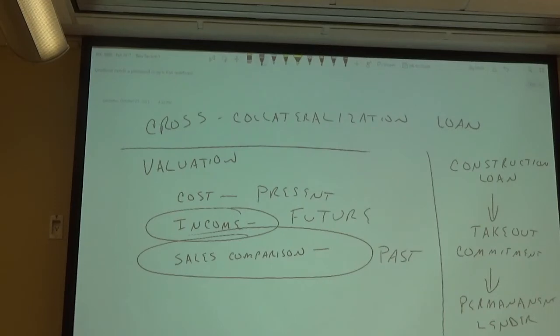If it's fairly straightforward, the lender's probably not going to have a problem with it. But if there's something really wacky and strange, that could pose a problem with the lender being comfortable with it in terms of providing the permanent financing, or for that matter, the construction loan.